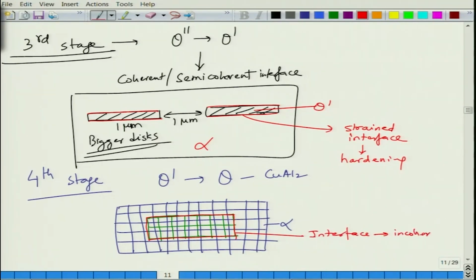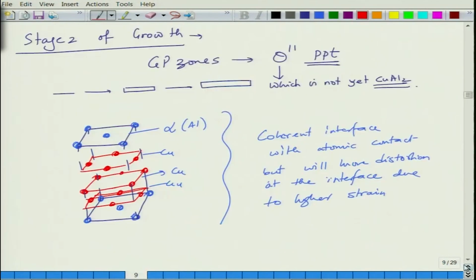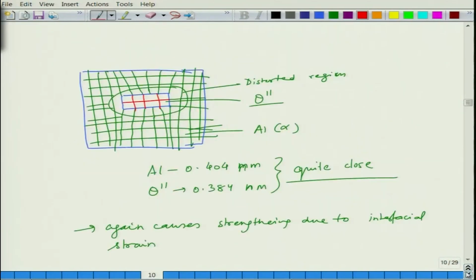incoherent because of lack of atom to atom contact, and this basically happens because of the necessity to relieve the strain, because as you keep growing GP zones into theta double prime to theta prime, the interfacial strain increases. So, as a result, surface energy decreases, but interfacial strain increases.